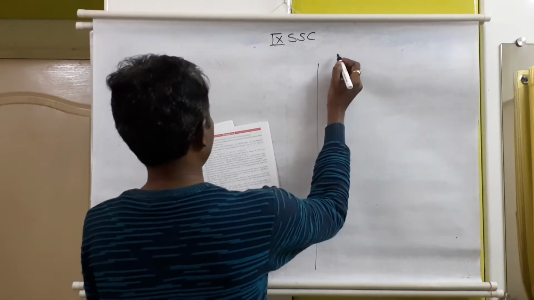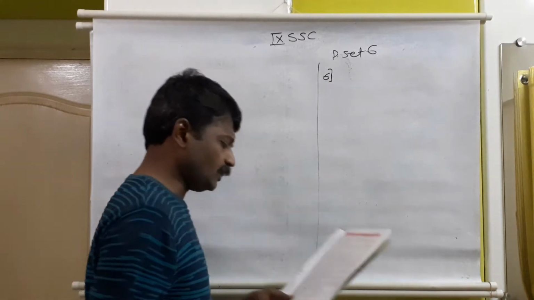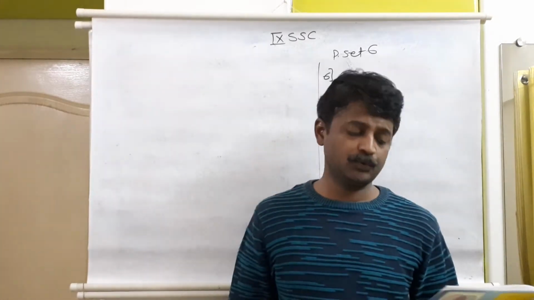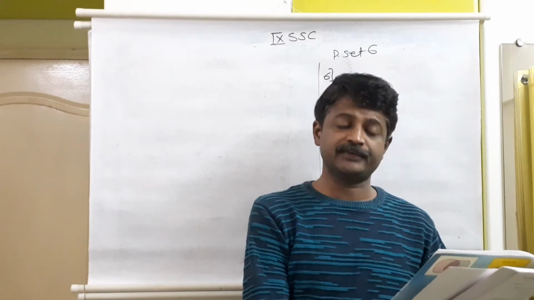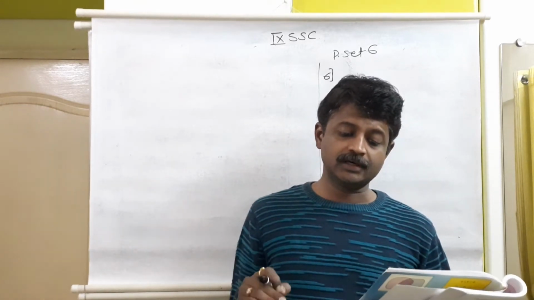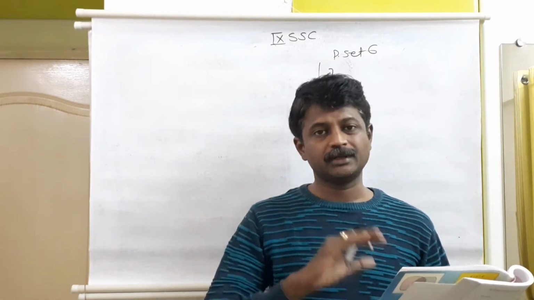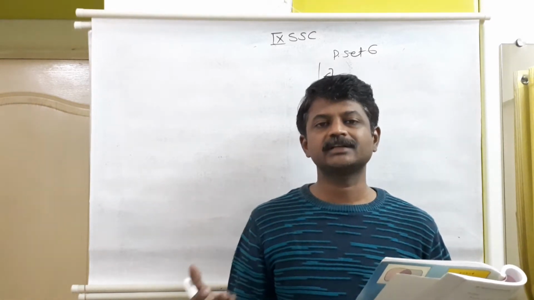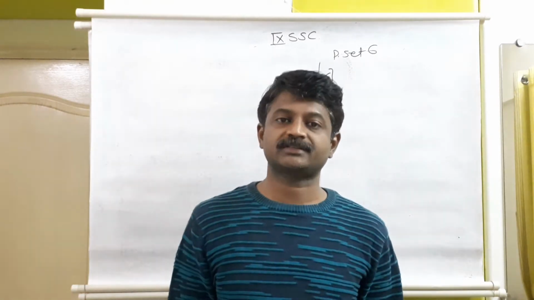Question number 6 of problem set number 6. In this, first we will go through the question, page number 107. Kailas used to spend 85% of his income. When his income increased by 36%, as compared to the previous, then his expense also increased by 40%.